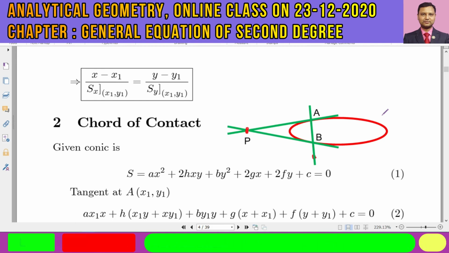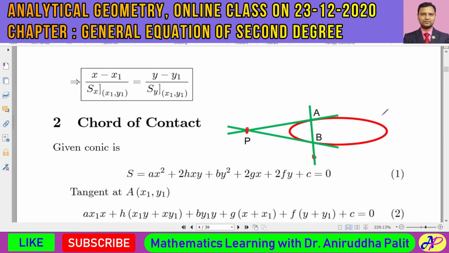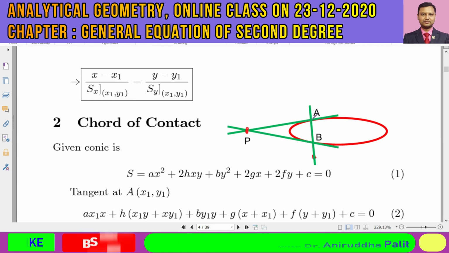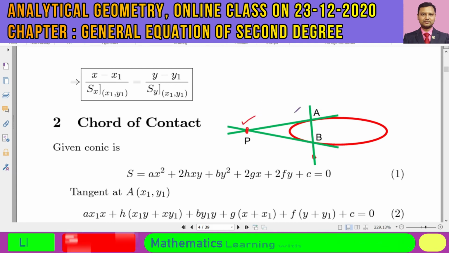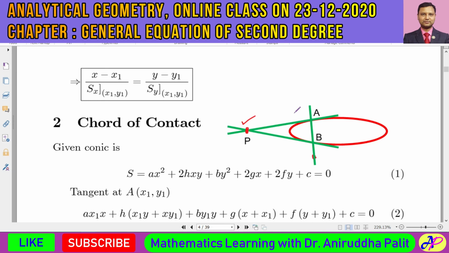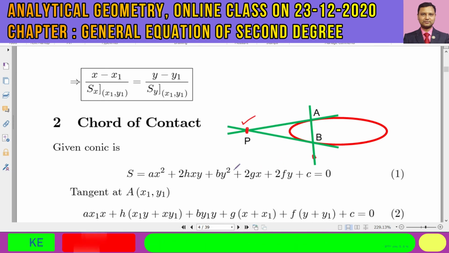We have the same formula T is equal to 0, but whenever it is applied at a point on the curve, we get the equation of the tangent. Whenever it is applied at a point outside the curve, like P is not lying on the curve, in that case we will get the chord of contact.